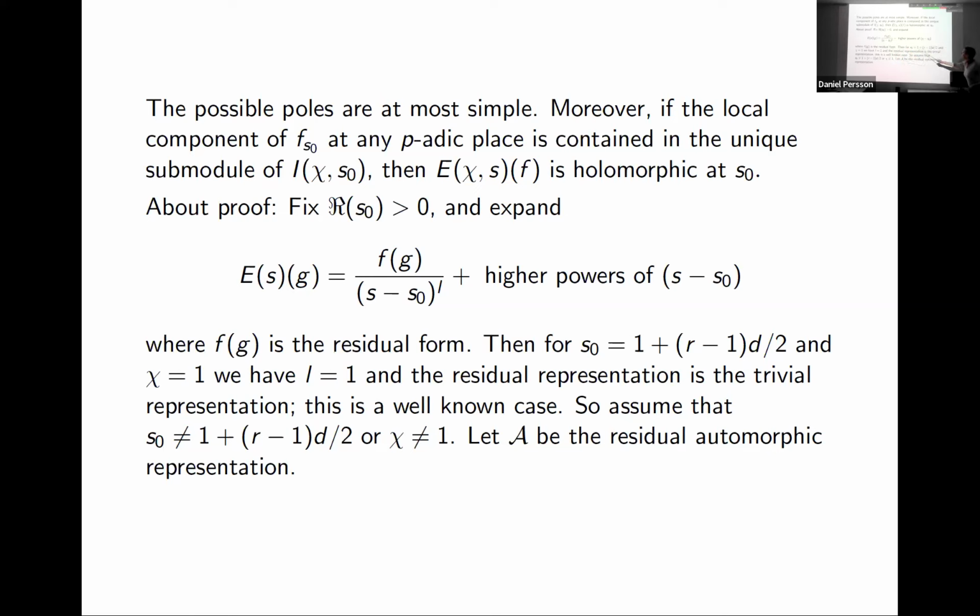So you know that for S naught, the residual is the trivial representation if K equals 1. So this is the well-known case. So assume that we are not in this situation. So let A be the residual holomorphic representation.